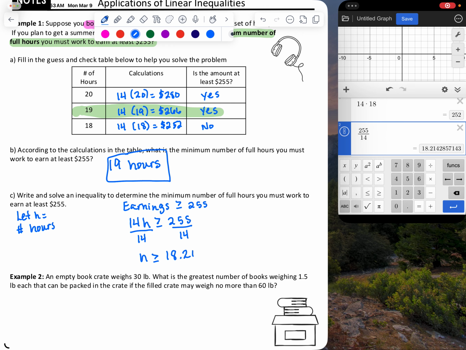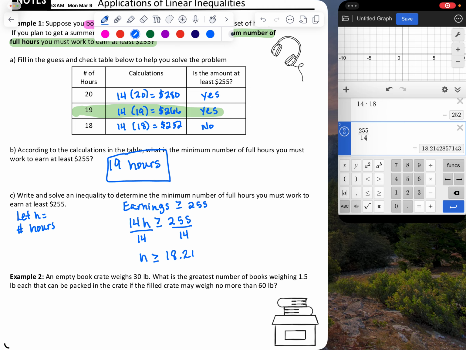Now, here's an interesting thing that's happening here. Pretty much through your entire math career up to this point, you've always been taught that you would round down because this is 18.2.